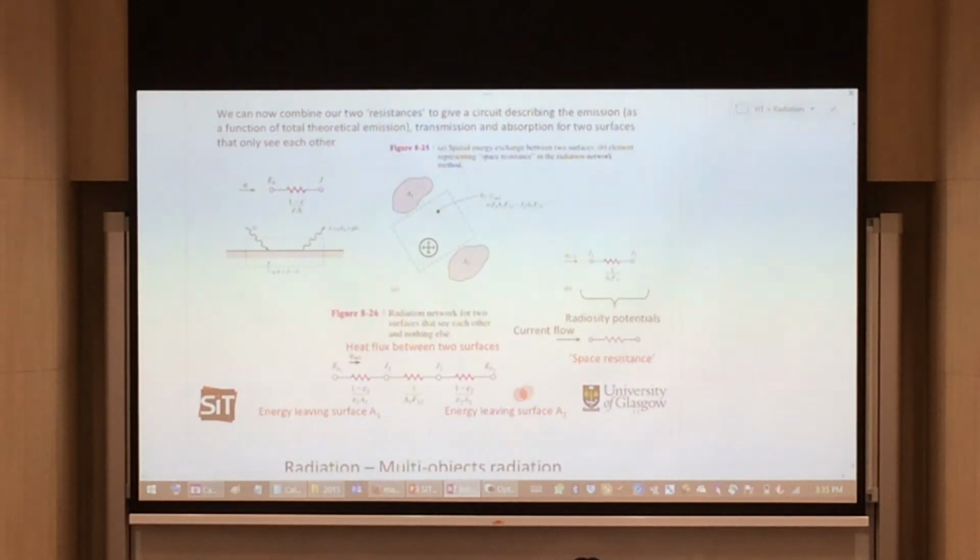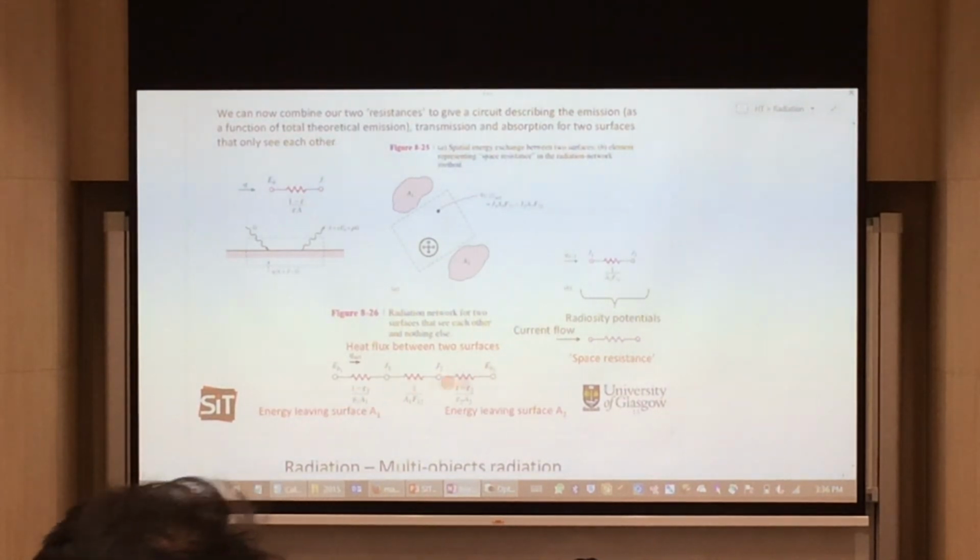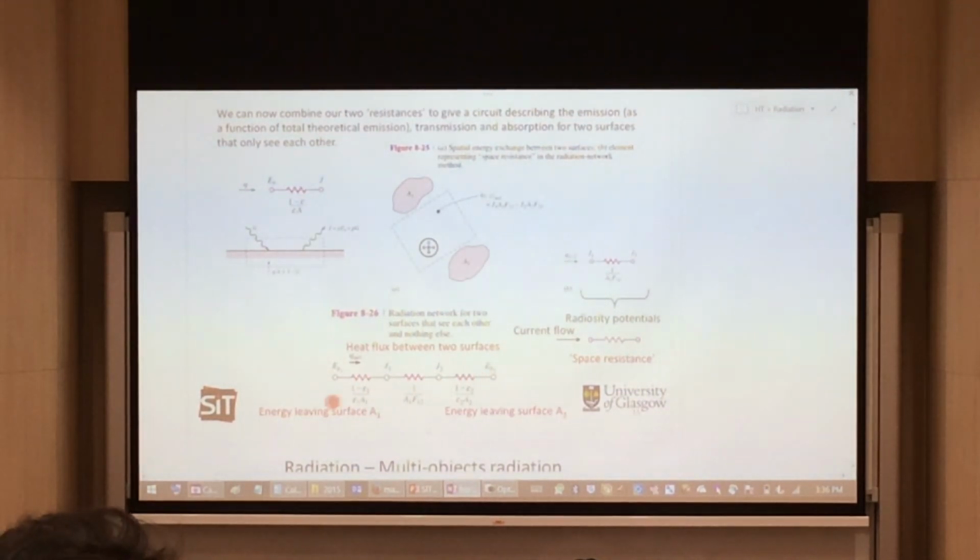I think that's summarized in this figure. If you have this object with the radiative surface energy EB1, and the other side EB2, how do we write out that thermal circuit? This part would be the energy that's leaving surface A1, which relates to the emissivity, and we call this the surface resistance.